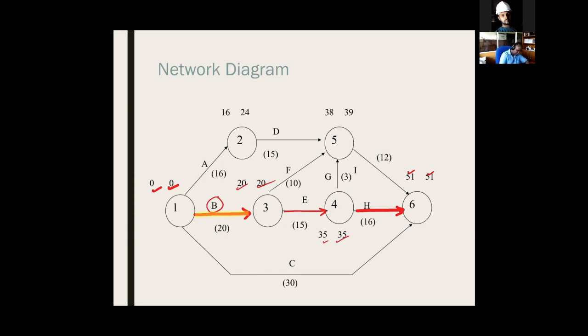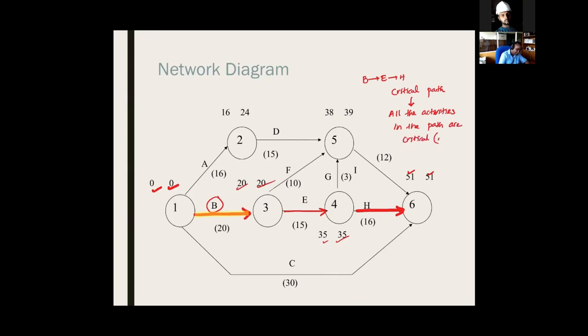So here B, E, H, we call it the critical path. All the activities in the path are critical.